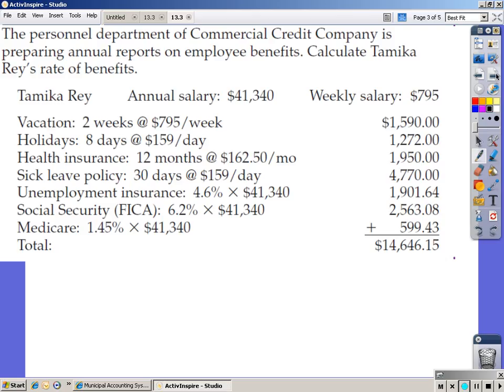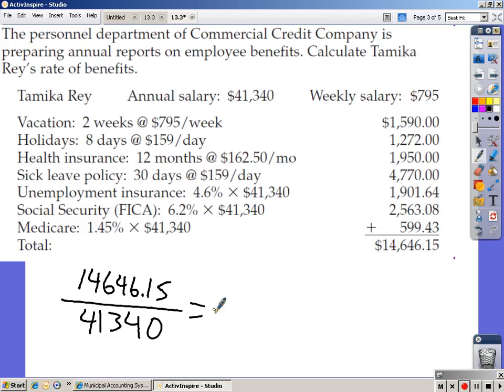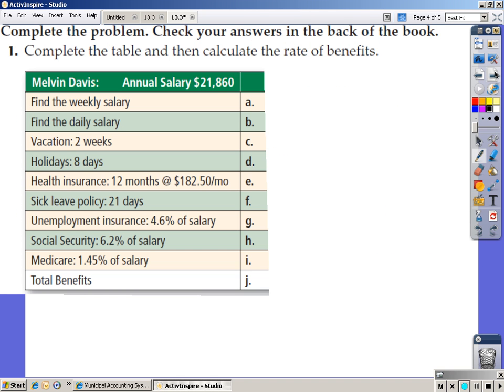So 14,646.15 divided by the annual salary of 41,340. When you work that out, you should come up with 0.3542, or 35.42%.